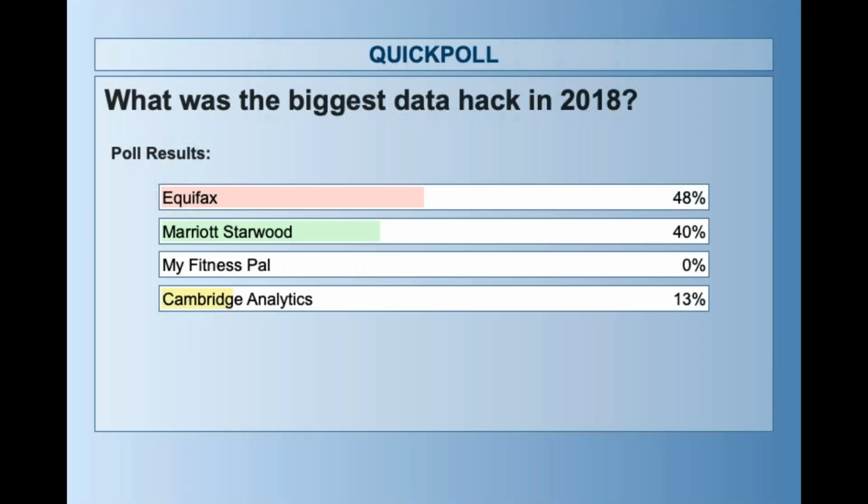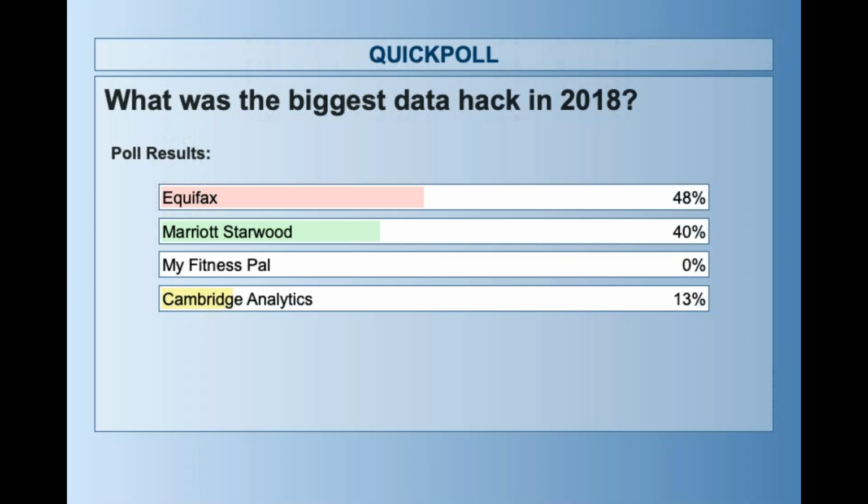And the results. All right, again, kind of a trick question. Equifax happened in 2017, but even if I said what were the biggest data hacks in the last 2 years, the answer would still be the one in terms of sheer quantity of people. Over 500 million records were hacked at Marriott Starwood.